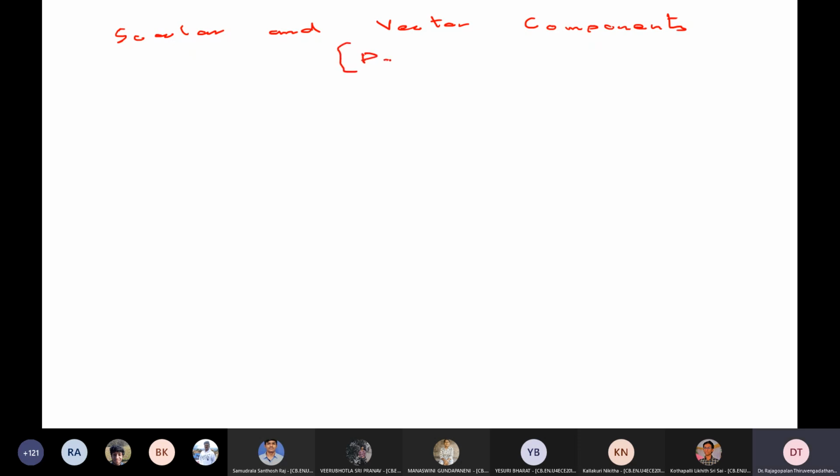Or rather projection. So I have a vector A. There is a direction given by this head, this is my starting point, and the magnitude is given by the length of this vector A. Let us say I have vector B, which is like this.